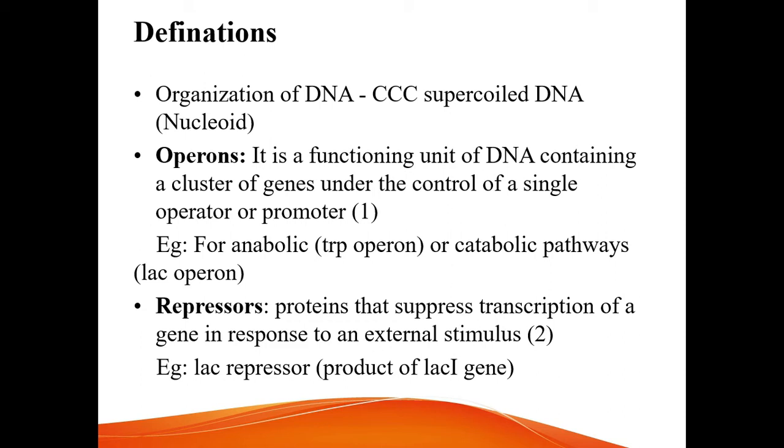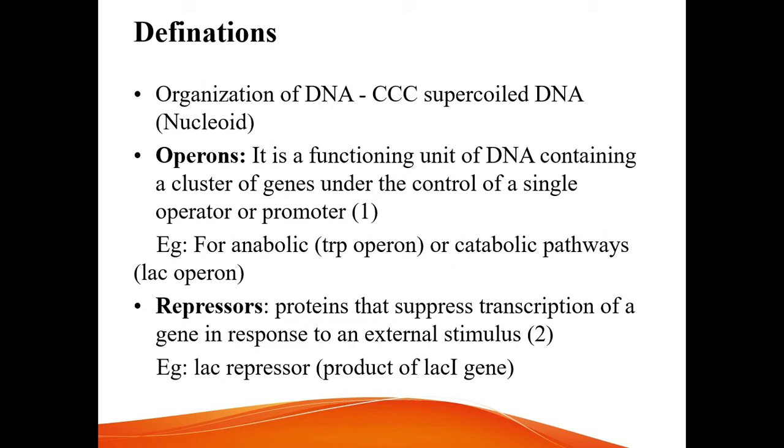For example, these are inducible operons. Inducible means that when it is necessary, it will be expressed; when it is not necessary, it will be repressed. And there are other genes which are expressed 24/7, 365 days, which are called constitutive genes. So there are inducible genes and there are constitutive genes.